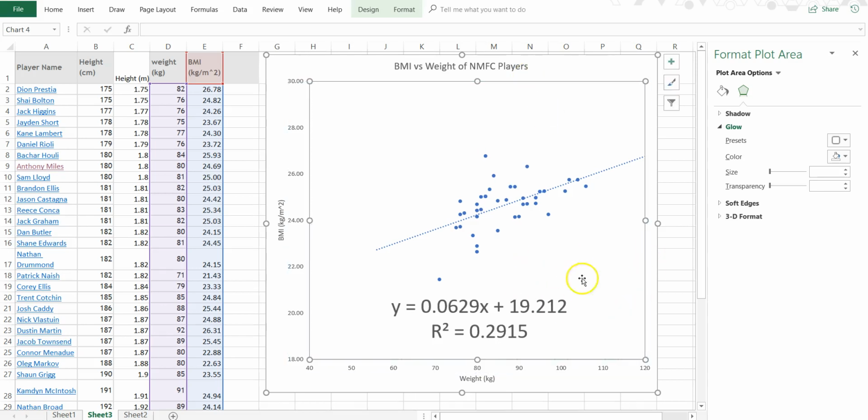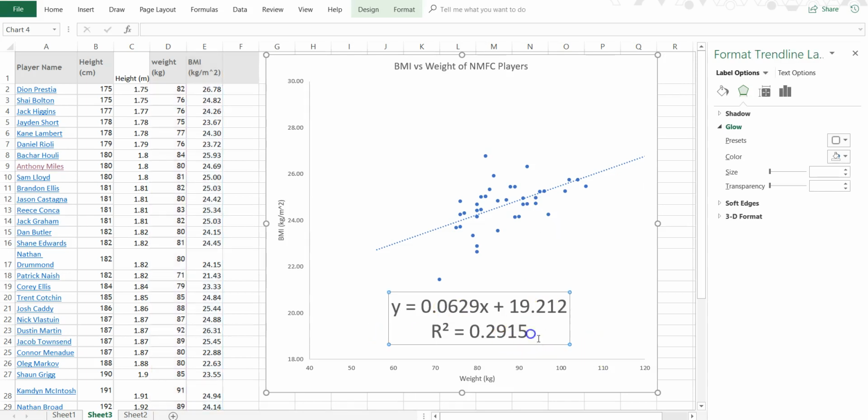So that means we could use this equation to calculate the expected BMI of a player who was some weight. For example, if we had a player who was 60 kilograms, we would put 60 in the place of x, and it would calculate a value of what looks like about 23. Or you can just use the graph, it's like 23 point something. So we can model outside of the data we collected the relationship between these variables.